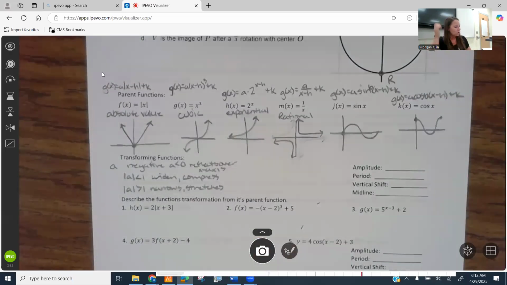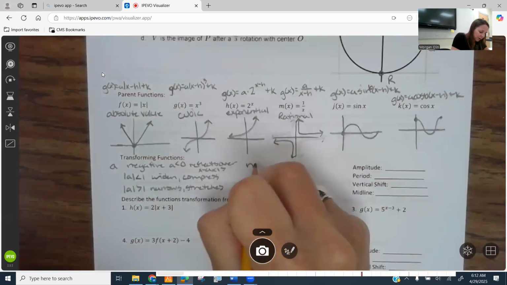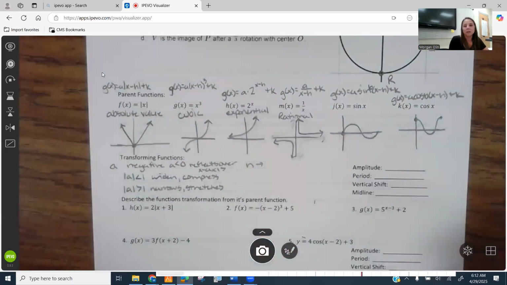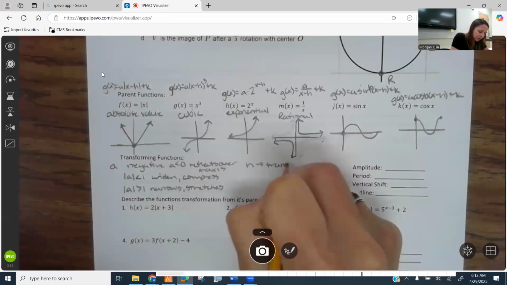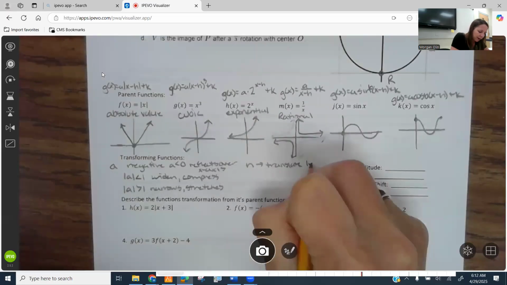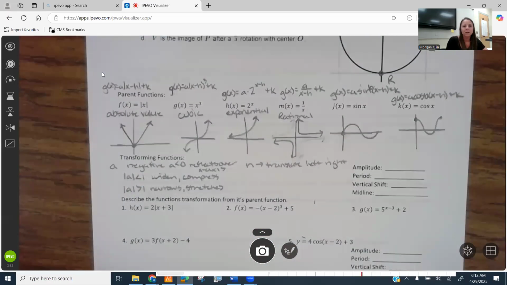Now, what does h do for us? h likes to move, translate. We'll use the word translate. Translate means shift left and right. And how do we know which way it goes? Well, because there's the minus, you have to think opposite.